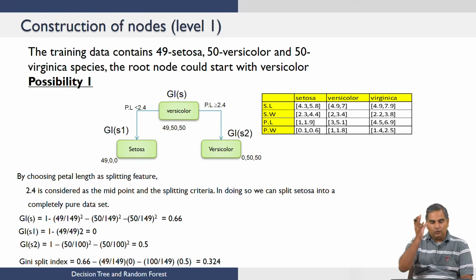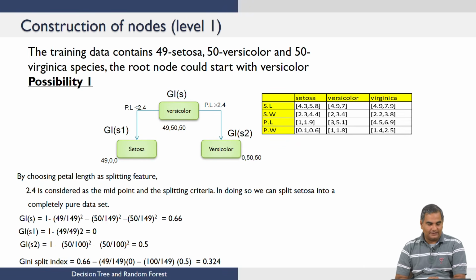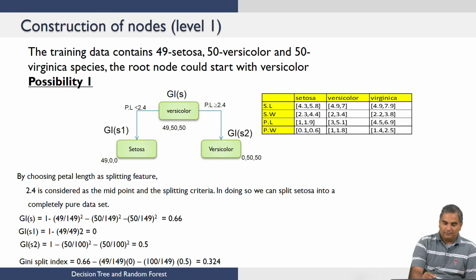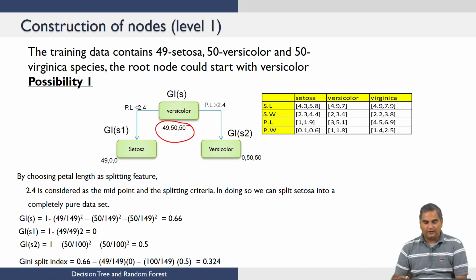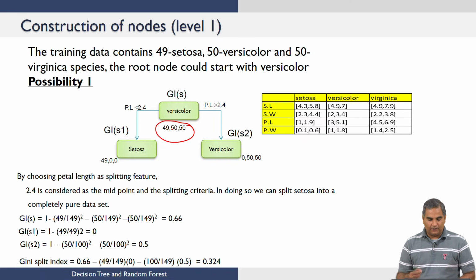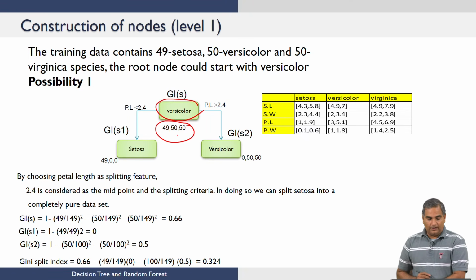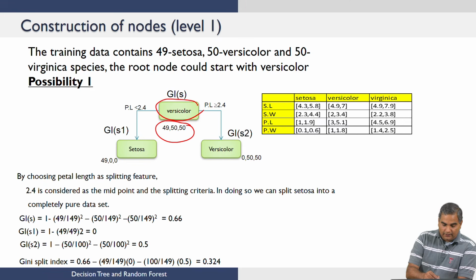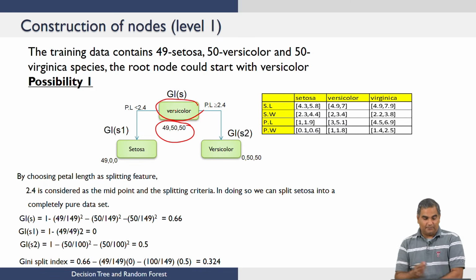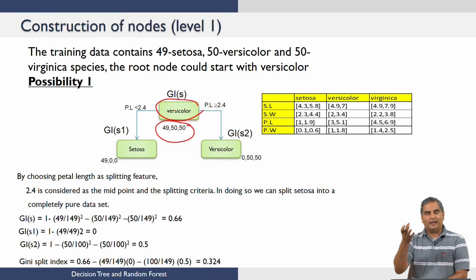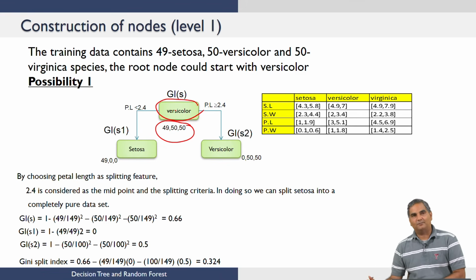So the root node, as we showed before in this example, is with this number of data points. Okay, so we have 49 setosa, 50 versicolor, and 50 virginica in this case. So if you look at this node here, you see these numbers of data points, and also you see this node has something which says versicolor. That basically means if you are sitting in the node for a data point and I ask you what do you classify the sample as, you are going to say I am going to classify the sample as versicolor.